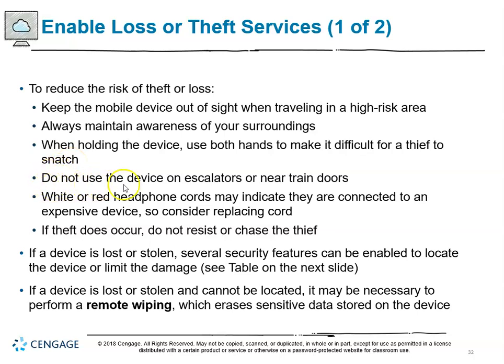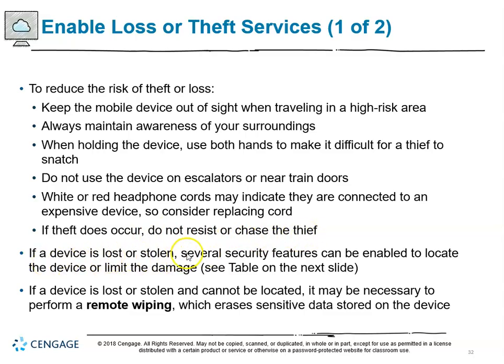And as I said, don't use the device on escalators or near subway train doors. And if you're using white or red headphone cords, that can be a problem because that's indicative of Beats headphones, which are expensive. So a word to the wise: be aware of your surroundings and what you have with you. If a theft does occur, common sense, you don't want to resist or chase the thief.